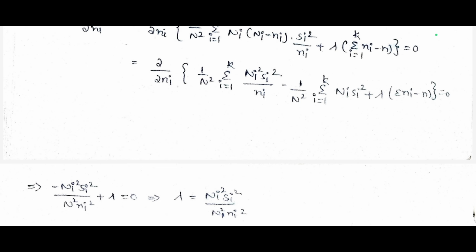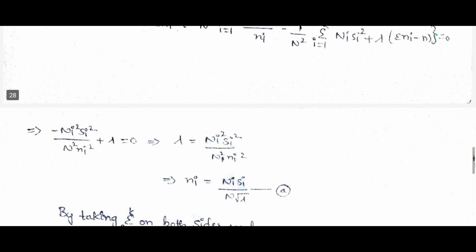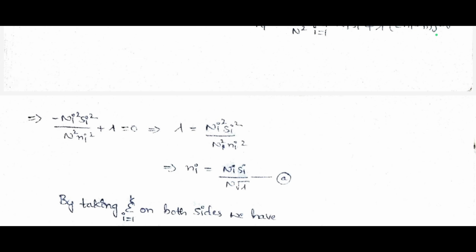Lambda will equal, the negative value will become the positive. From this you have to derive ni equal to Ni Si divided by n into 1 root of lambda.